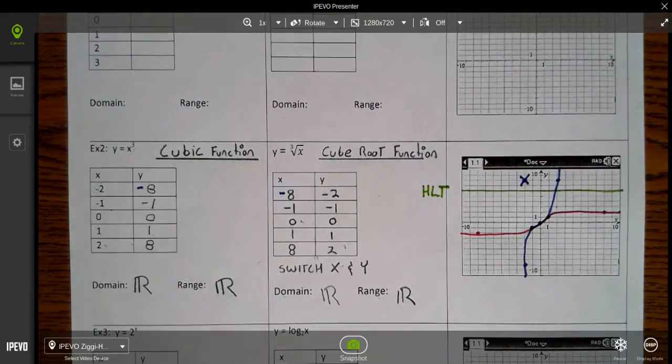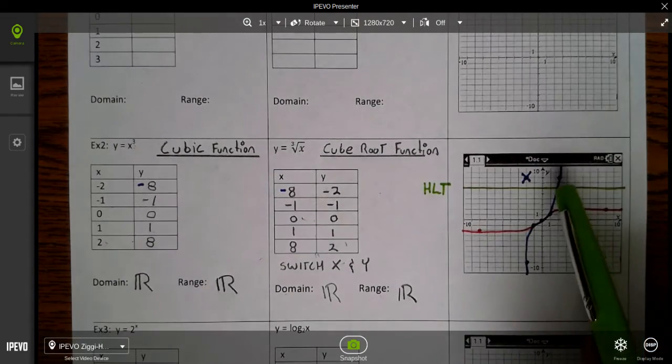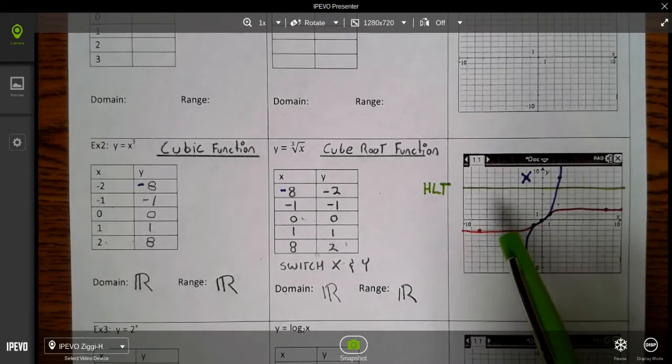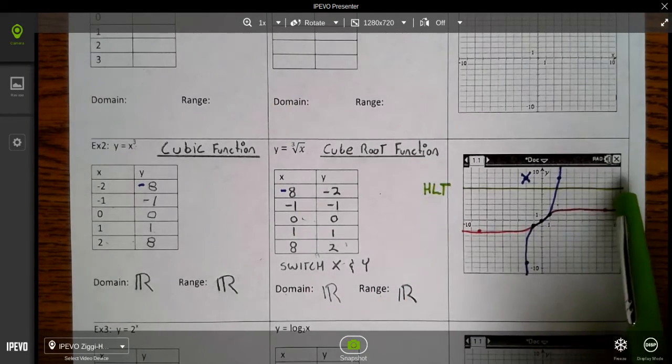If you draw a horizontal line across the function, and the horizontal line only crosses once, you know that the inverse will be a function. So we know that this is a function, and we know that the inverse is a function, basically by drawing a horizontal line test of the function, okay?